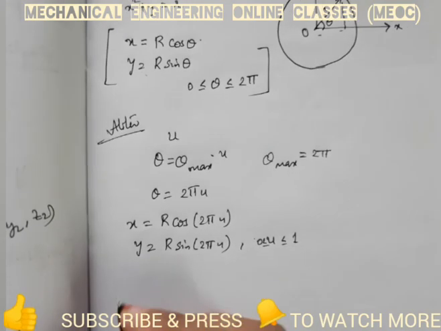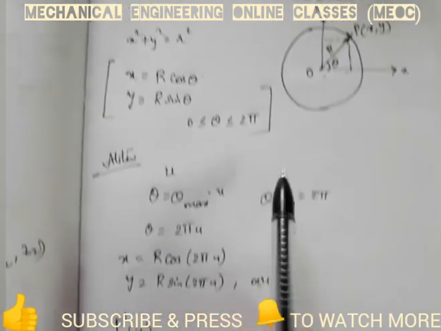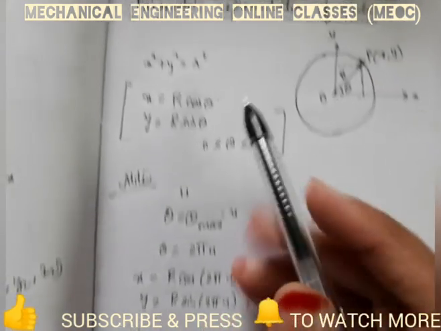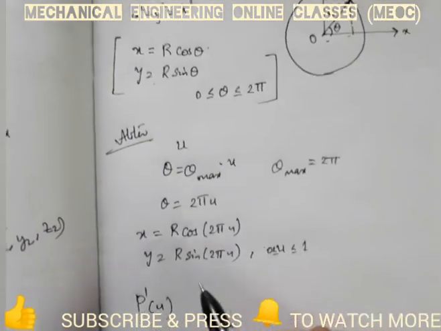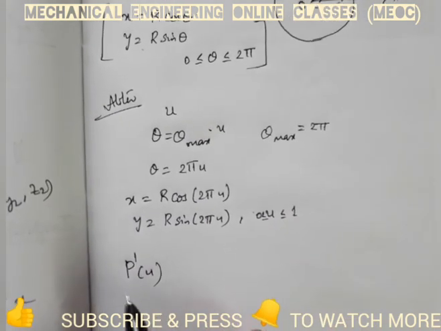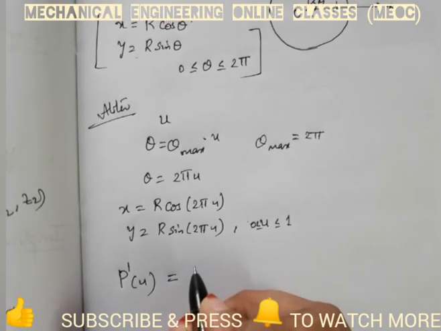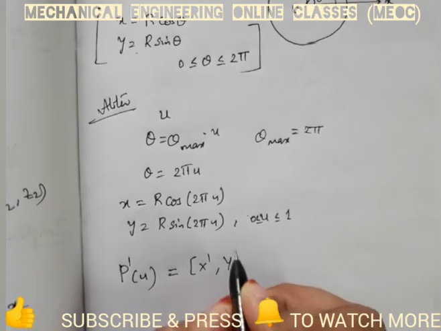We can also find the tangent vector. The tangent vector be p dash of u. P is a point on the curve. This p of u is nothing but x comma y, which is in terms of u. So finding the tangent is differentiating it. On differentiation, we get x dash and y dash.